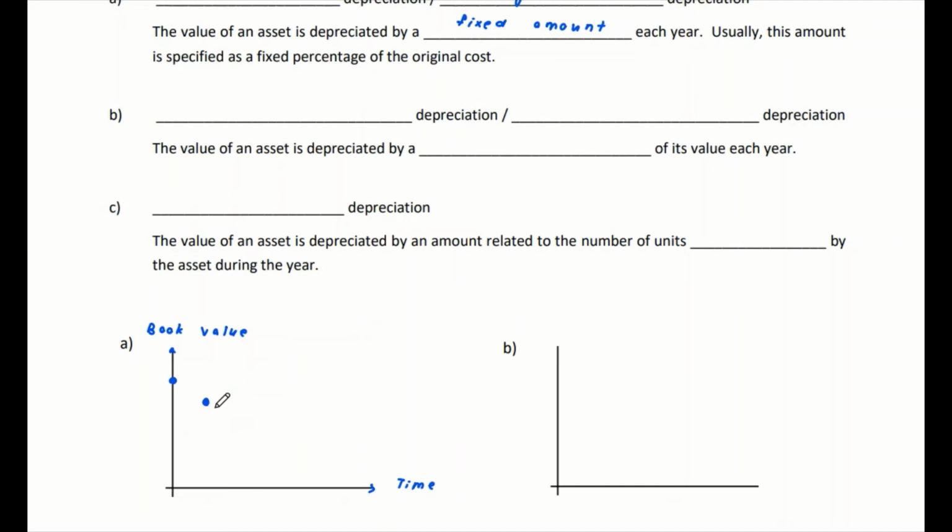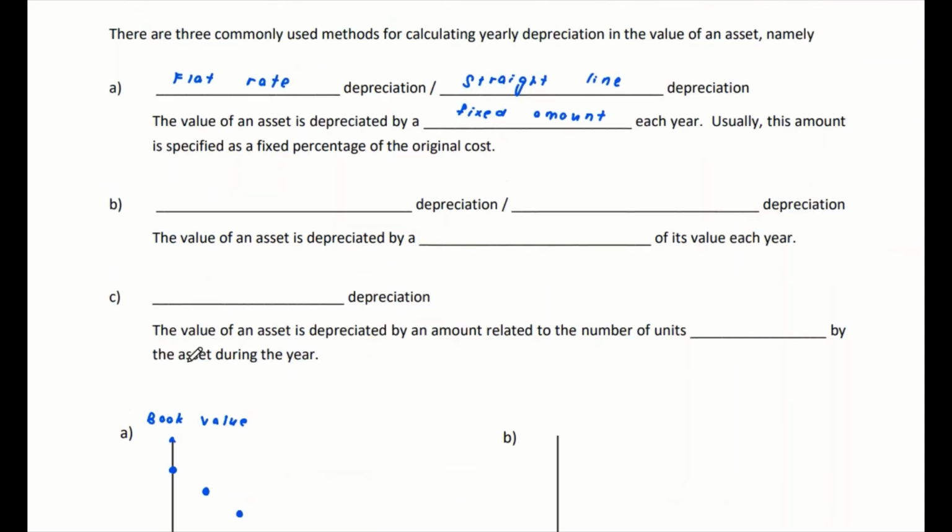Then next year, decrease another fixed amount, and the next year another fixed amount, and so on. That's why you get a linear graph, a straight line graph. So flat rate depreciation follows an arithmetic sequence, because the fixed amount depreciated each year is basically your common difference. This is for the A1.